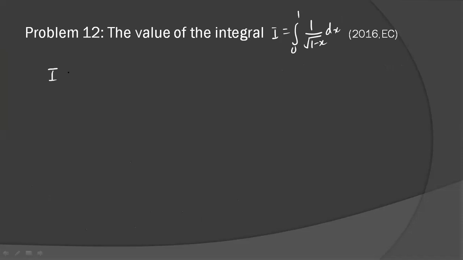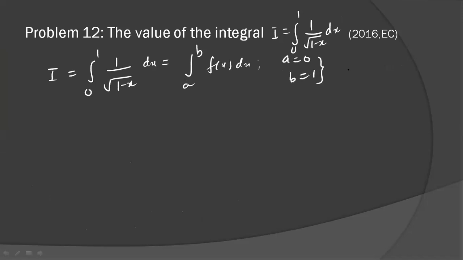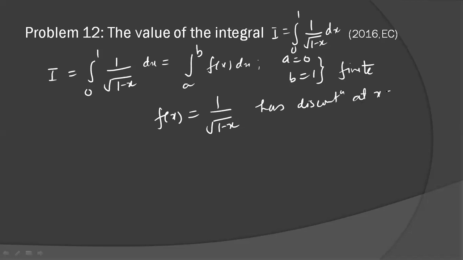But if you see carefully, and compare with the integral a to b of f(x) dx, a and b are finite here, but f(x) has a discontinuity at x equal to 1. So it is an improper integration of the second kind.